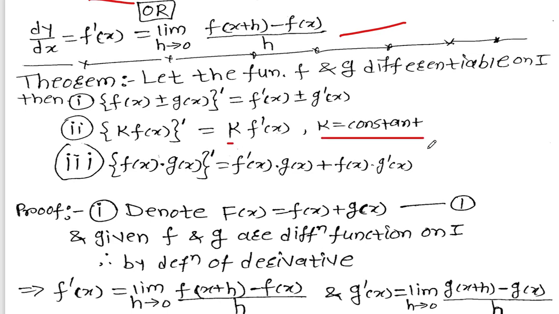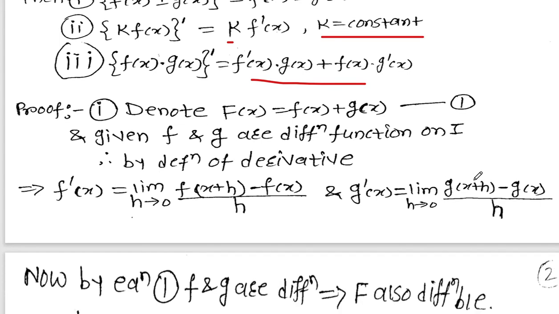Third part, the derivative of f of x into g of x equals f dash of x into g of x plus f of x into g dash of x. So these are the three parts of this theorem. Now we will see the theorem part by part.